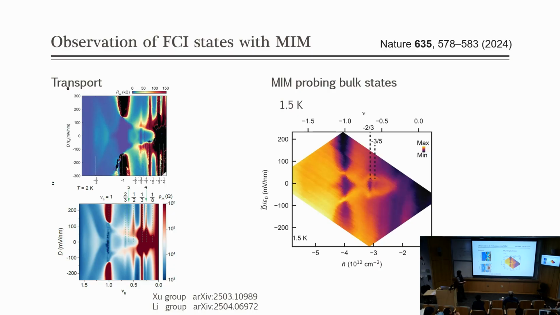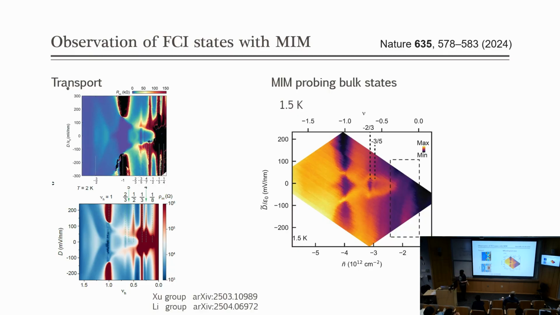Here, maximum means very conductive, minimum means very insulating. So the state at -1 is very insulating, and so are -2/3 and -3/5. That's a series of fractional Chern insulators with quantum anomalous Hall states that we can see in MIM, and that is in good correspondence with the transport study.